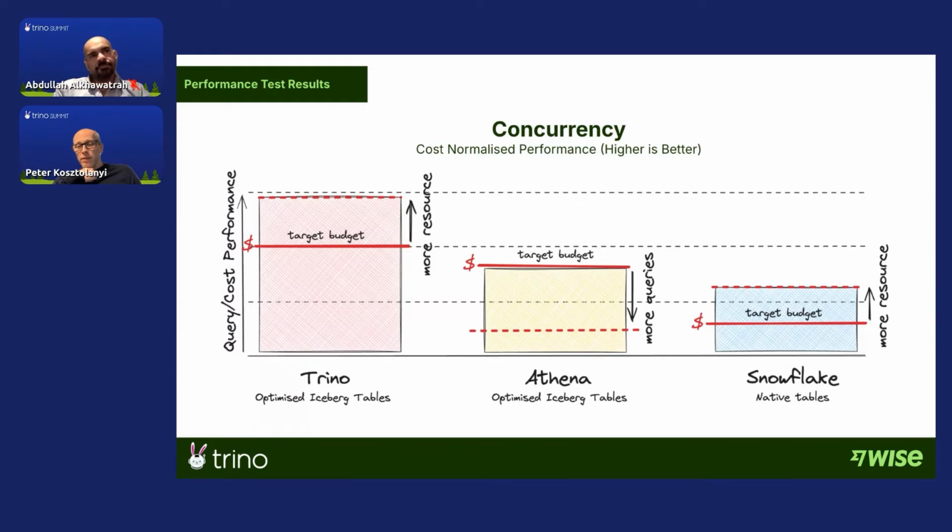Athena is having the same problem for us, at least. It always tries to auto scale, but adding more queries makes it less cost efficient for us. And Snowflake, again, just comes with a lower entry point.